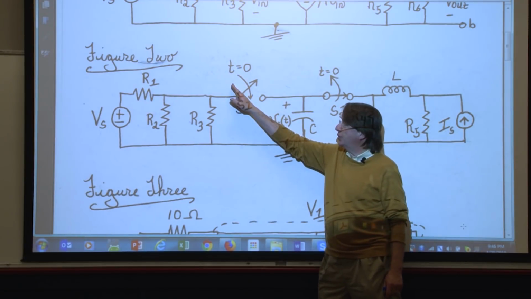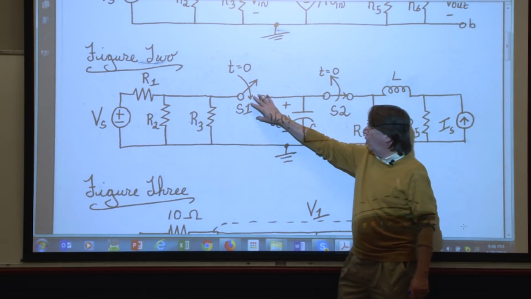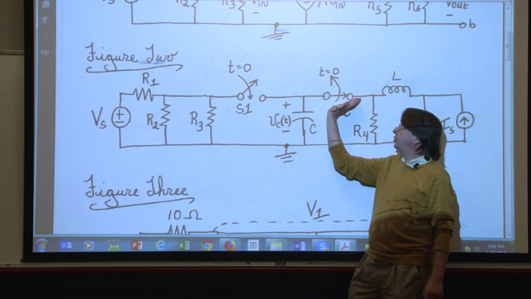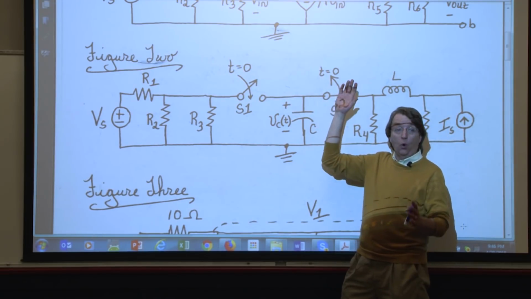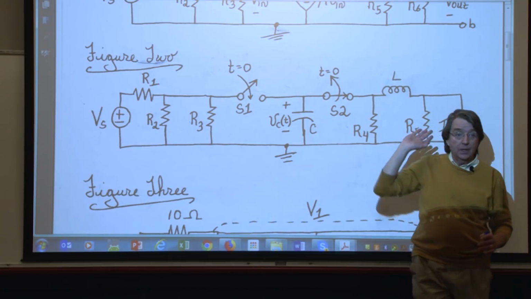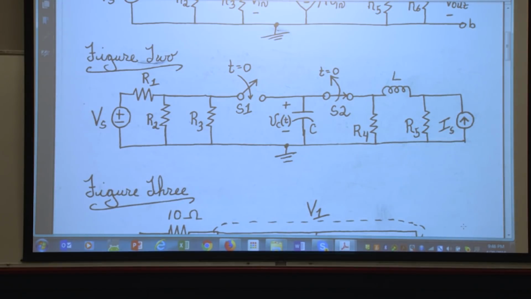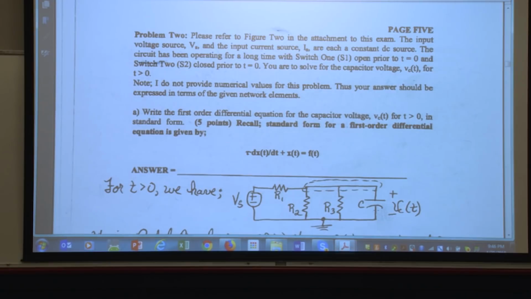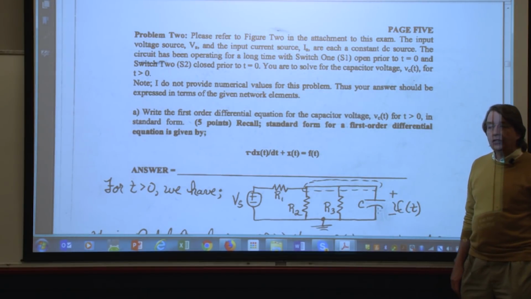For t greater than 0, switch 1 is closed, so all of this is connected. But switch 2 is open, so all of this to the right is gone. So then, to make sure I don't make a mistake, I redraw the circuit as part of my solution to make sure that I got exactly what I need to do.